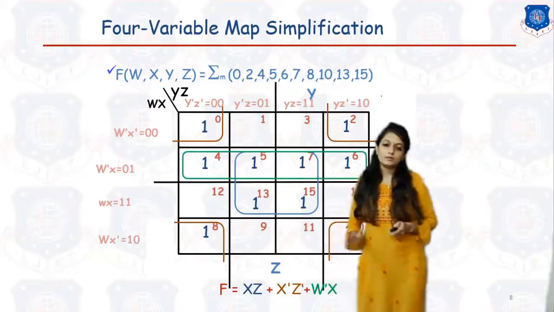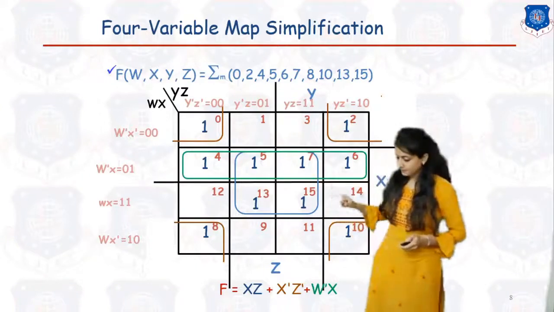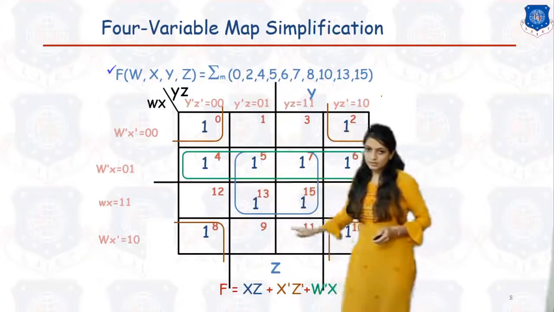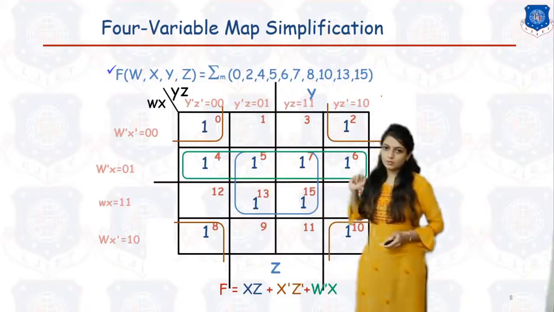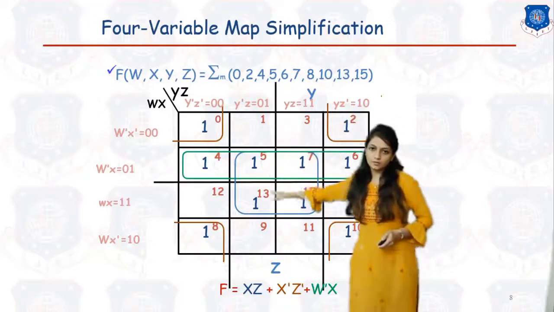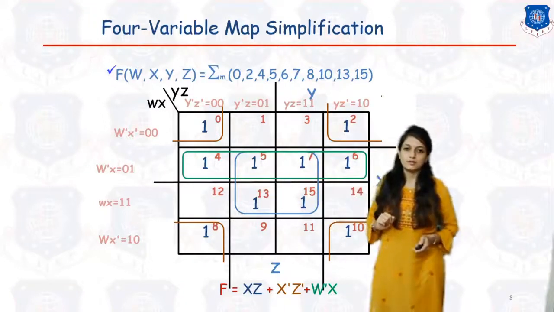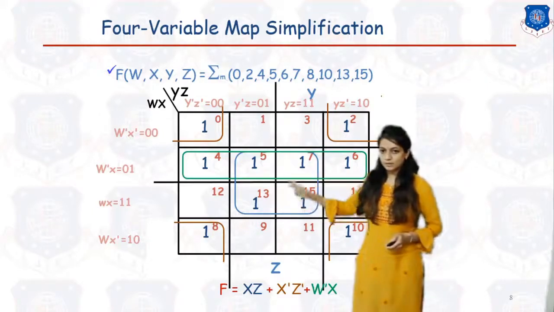Now how to make the grouping? First group, these 4 ones. Second group, the horizontal 4 ones. Third group, at the corner, the 4 ones. Alright. For the blue one, what is common?